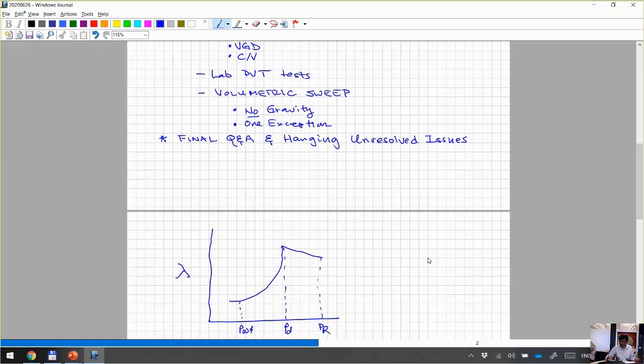So how many points do we take to make this graph or this curve? So what will happen? In that particular case, let us say we are having between PWF and P dew point.